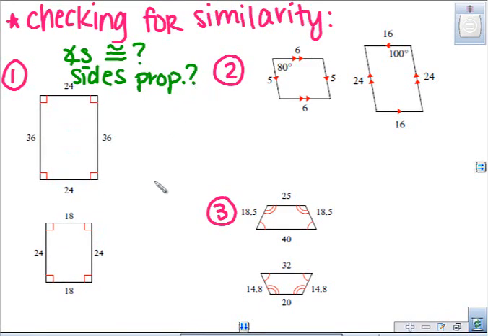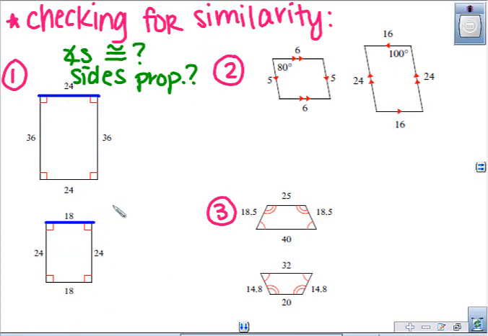We do that by setting up the ratio and seeing if the ratios are equal. So I'm going to look at the shorter side of this first rectangle. Out of 24 and 36, 24 is the shorter side, and we'll see the shorter side here is 18.